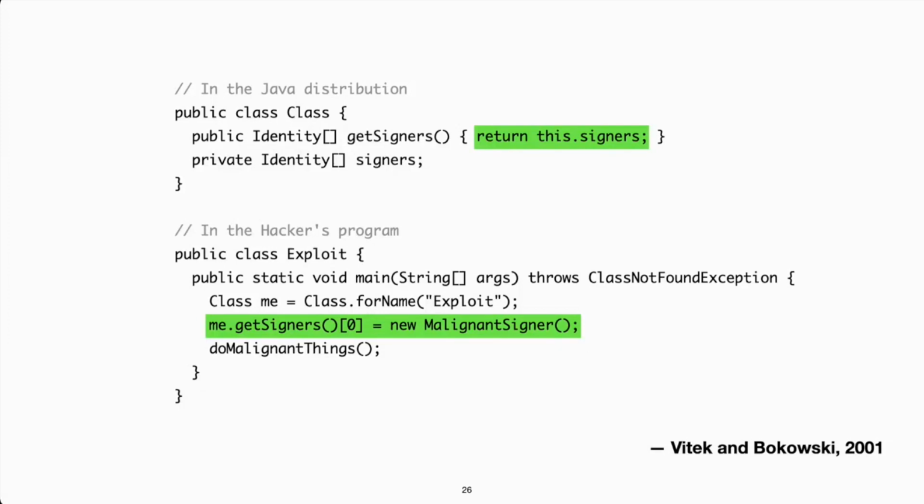You're not reassigning signers, you're just providing a reference. And it's because of the shared mutation that we get into trouble. So what was the fix? Well, it was actually a defensive copy. And this copy here serves to protect the field against the unwanted mutation, because now we produce a new array that we give to the user.